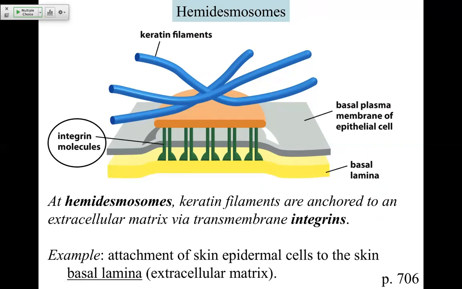So not only are the epithelial cells attached to neighboring cells by desmosomes on the side, they're all attached to the same extracellular matrix. Extracellular matrix is a network of proteins that are secreted to the outside of the cells. On the basal side, we call it the basal lamina. Right, so the cells are attached to each other. They're all attached to this extracellular matrix through integrin molecules as well. This allows them to function together as a sheet.